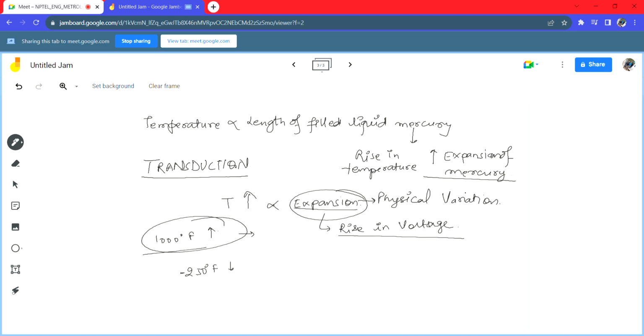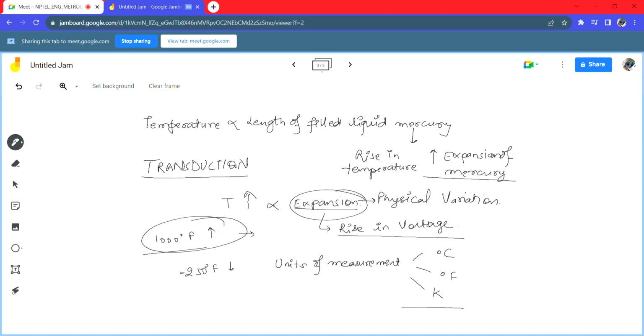Now, before we go on to study other types of temperature sensors or transducers, let us first understand the very important concepts of units of measurement. We have three units for measuring temperature. First is degree Celsius, the other is degrees Fahrenheit, and the third is Kelvin.